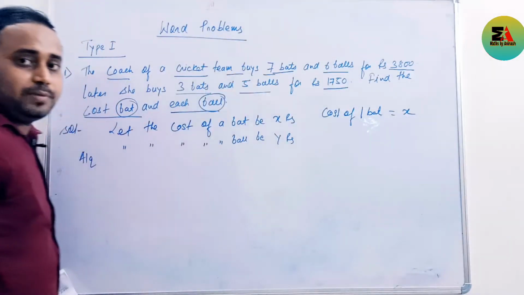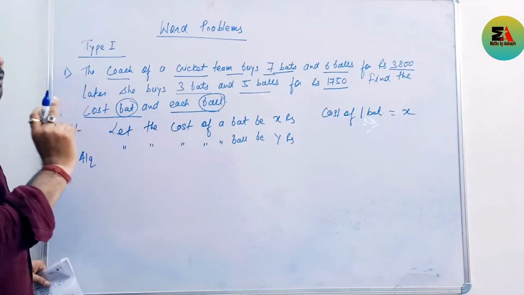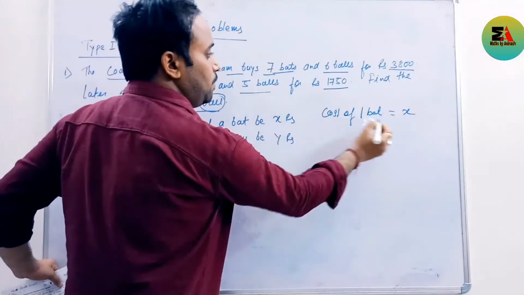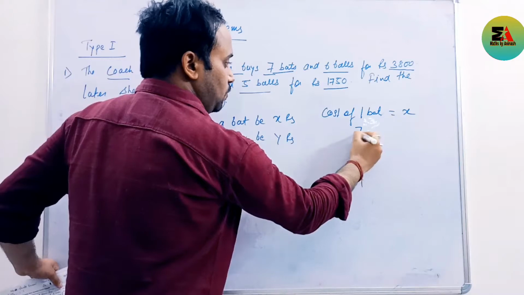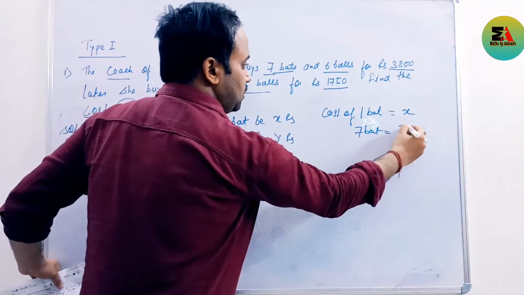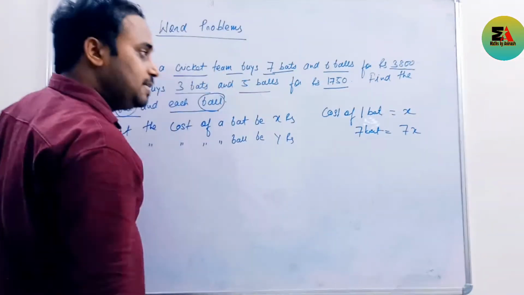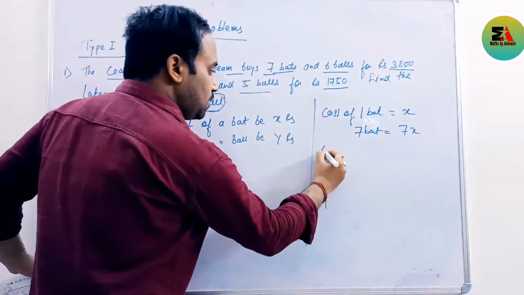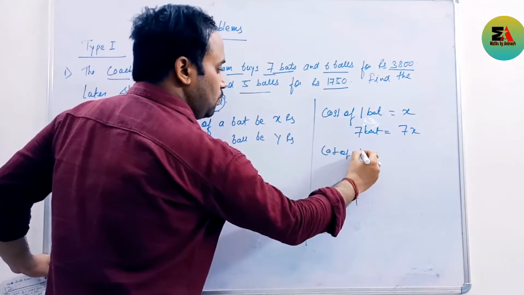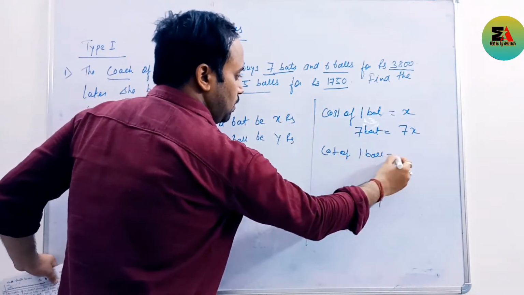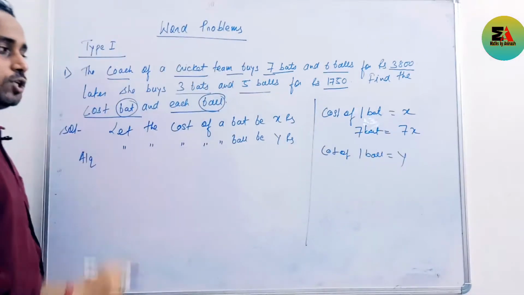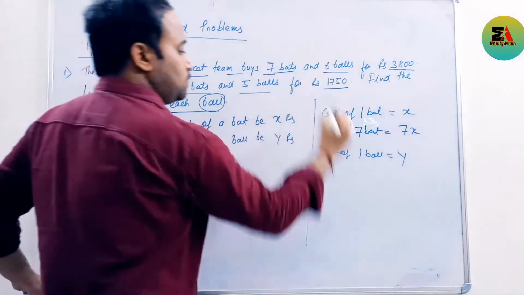How many bats did she purchase in the first lot? 7 bats. Cost of one bat is X, therefore the cost of 7 bats will be 7X. Same as, cost of one ball is Y, therefore the cost of 6 balls is 6Y.